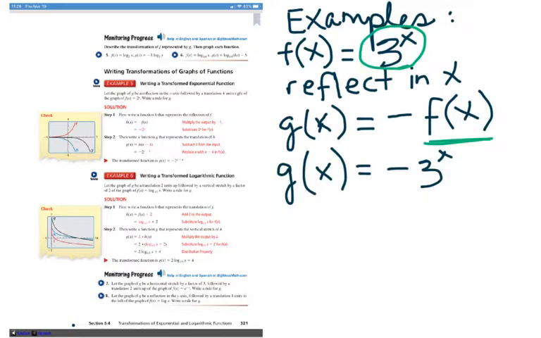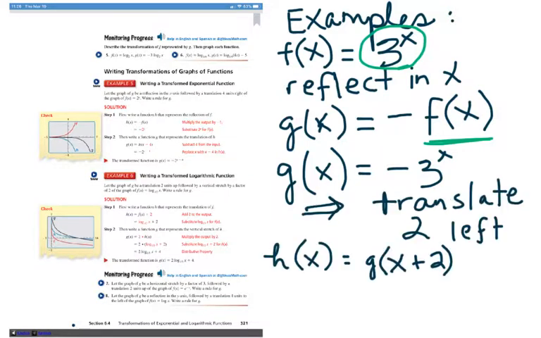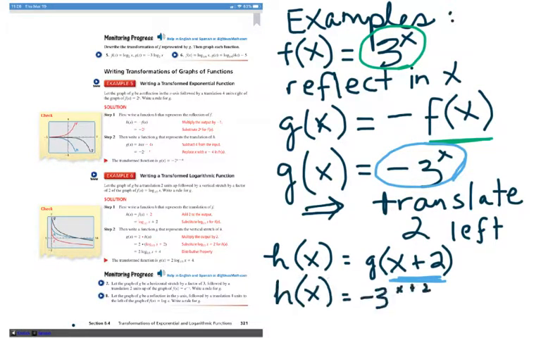And if I want to do another transformation, say translate to left, then I can write that h of x is equal to g of x plus 2, because that's the transformation that will move it left. And again, I'm going to substitute g of x. I'm going to write x plus 2 where there is an x to finally get h of x equals the opposite of 3 to the x plus 2 power.